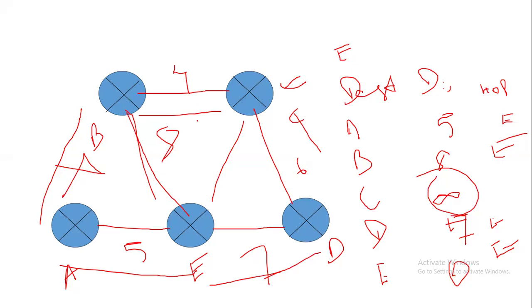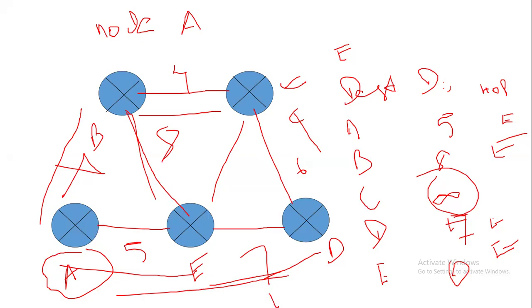And now let's take an example. If I want to update A, now I have updated the distance, but if I am going to update node A, let's take node A as an example. Now if I am going from node A to D, how much distance will it be? 7 plus 5, it's 12, right?